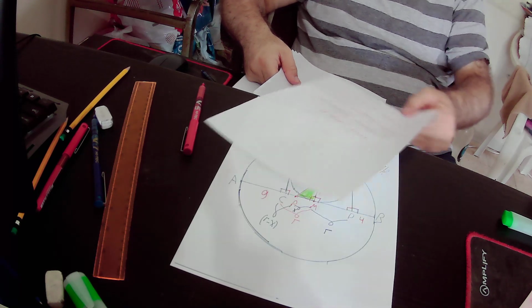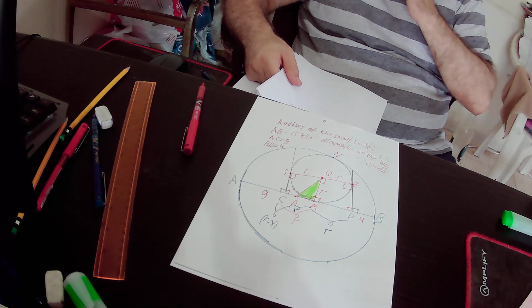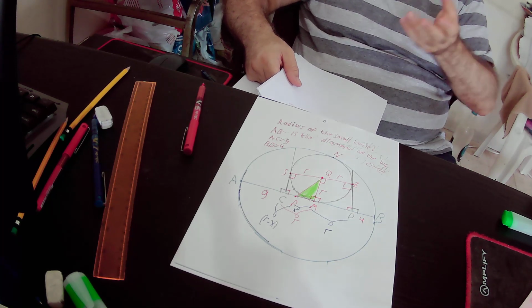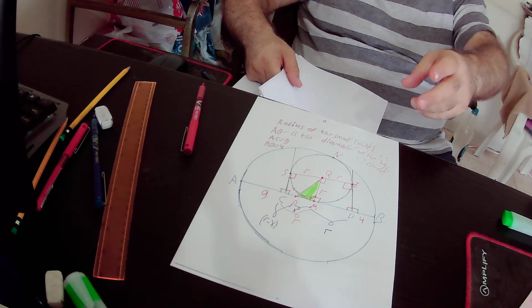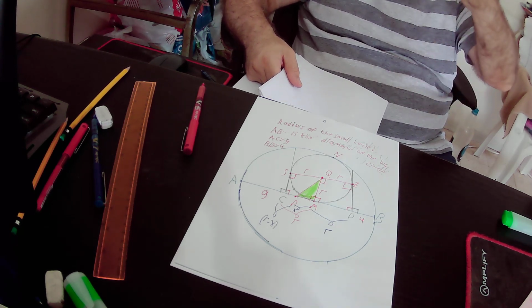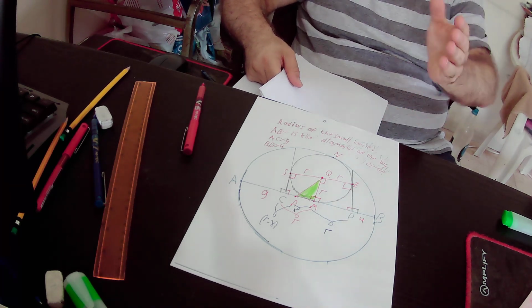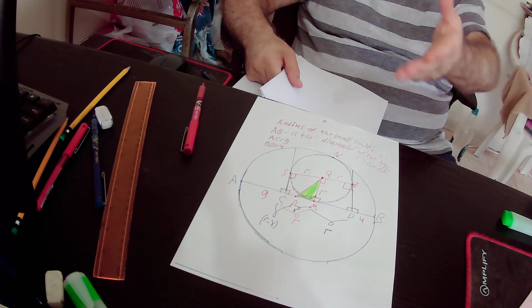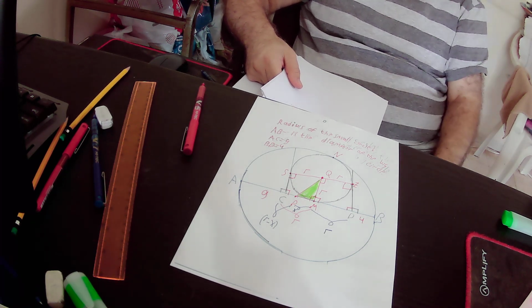So if you have a radius that is drawn to the launch point, then this radius is perpendicular to its tangent, or the tangent is perpendicular to that radius. It is exactly the same thing to say.